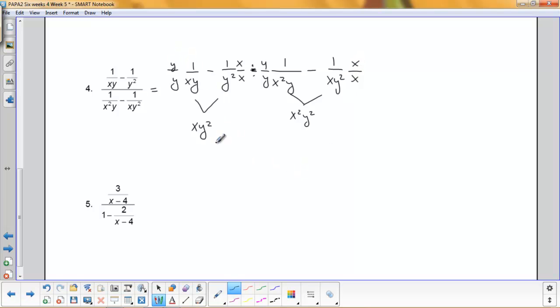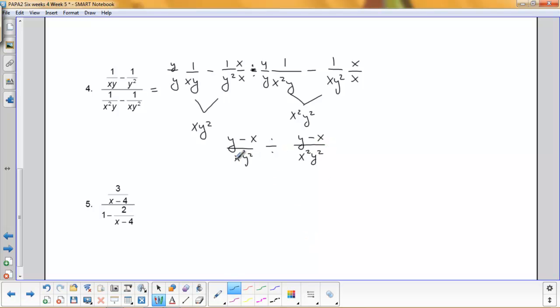So now that's going to be y minus x over the common denominator of x y squared. Notice I'm still writing it as a division sentence. I haven't keep, change, flipped it yet. So now I have y minus x divided by this common denominator of x squared y squared.